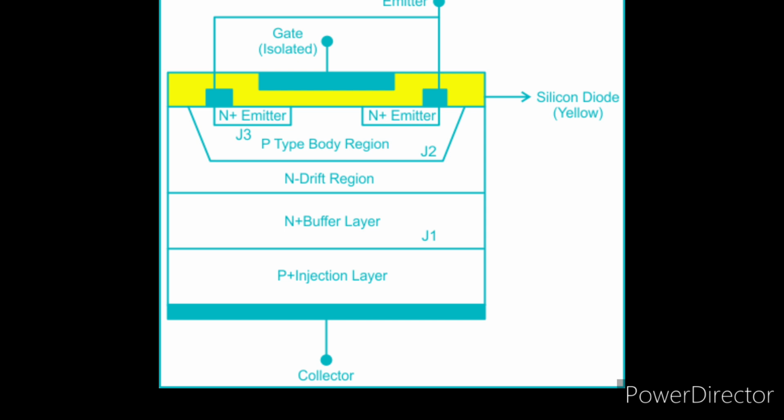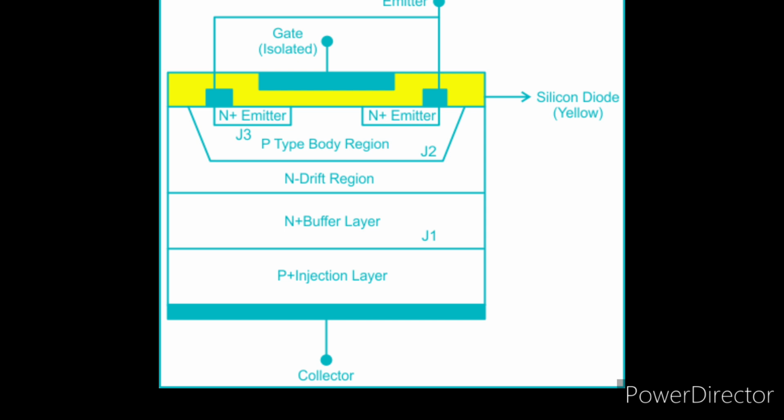Now let us understand how the IGBT works. When we apply a positive voltage between the gate and the emitter terminals, an inversion layer is formed under the dielectric layer. Because a positive voltage at the gate pulls the electrons from the p-type body region and thereby forms an inversion layer.